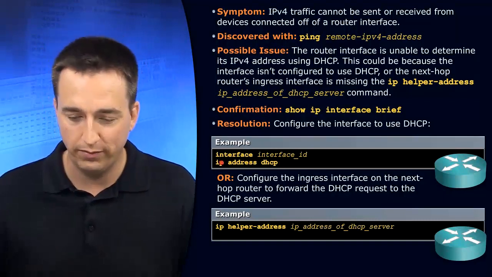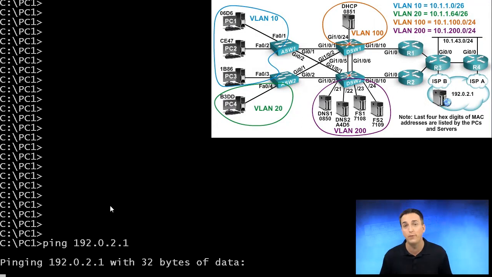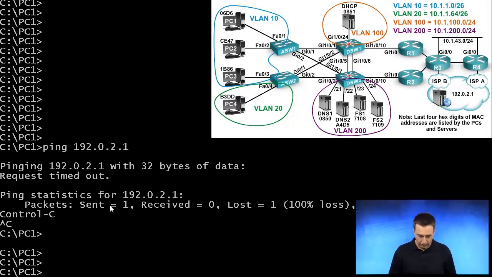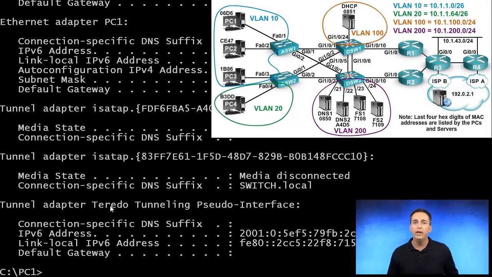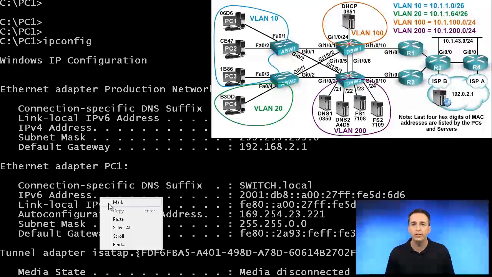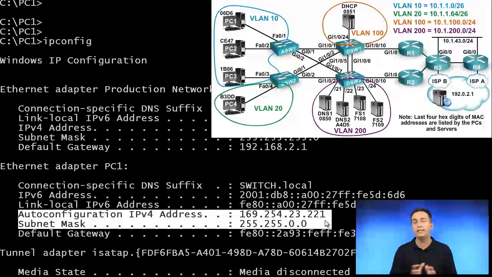Let's look at an example of this. If we go over to PC1 right now, PC1's complaining they can't reach the internet. All right, let's ping 192.0.2.1, bam, we can't reach the internet. So we've confirmed the problem in this particular case. Let's check its IP address. And immediately, I can see we have an issue with connectivity between PC1 and the DHCP server.